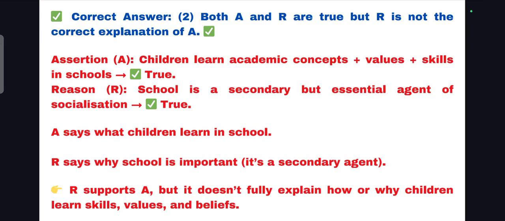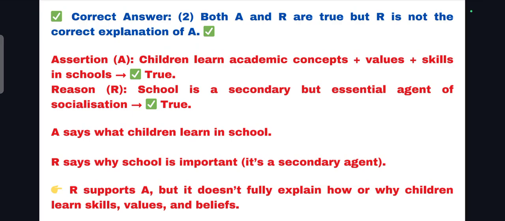To identify the answers to this type of question, I already told you it's somewhat tricky, because first we find out both the statements are correct, and suddenly we conclude that both the statements are correct and R explains A correctly. That is wrong. So we should carefully read the assertion and reason one or two times, and only then conclude the answer.